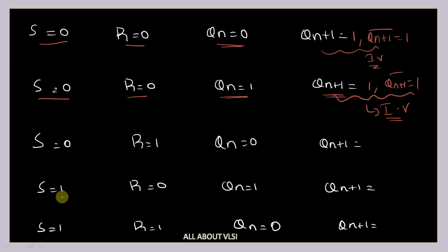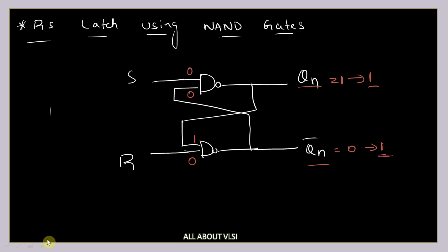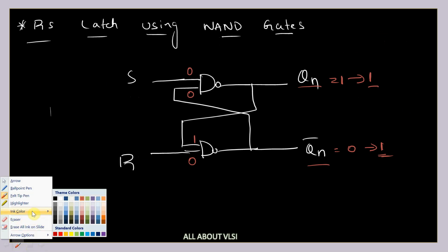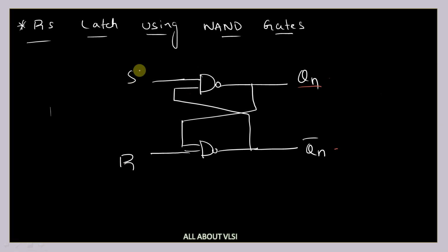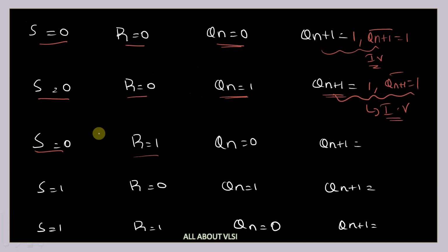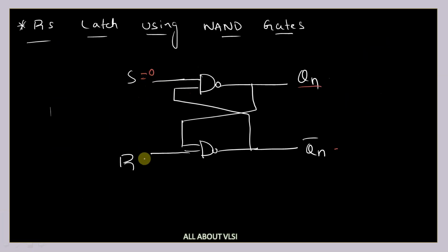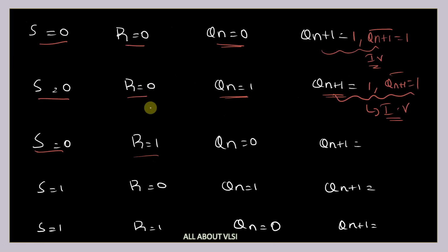Okay. Now, whenever your S is equal to 0, R is equal to 1, let us see this case. Let me erase this. Whenever S is equal to 0 and R is equal to 1, obviously one of the inputs of your NAND gate is equal to 0, so your output will become 1, whatever the initial value of your Qn.